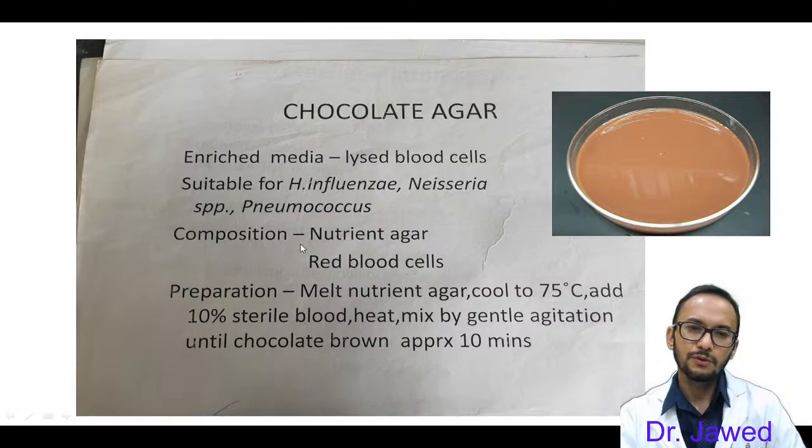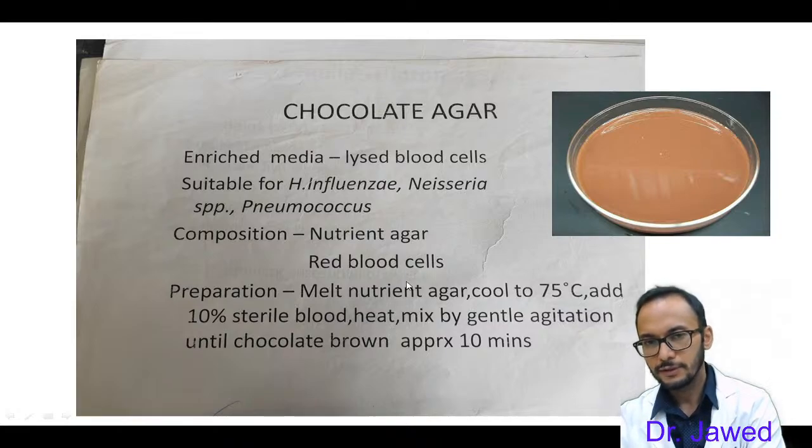The composition is basically nutrient agar and RBCs, which are lysed by adding them at 75 degrees Celsius. So these are used for fastidious organisms, chocolate agar.